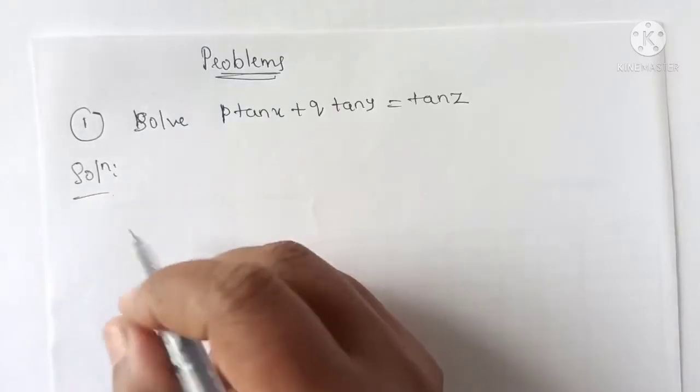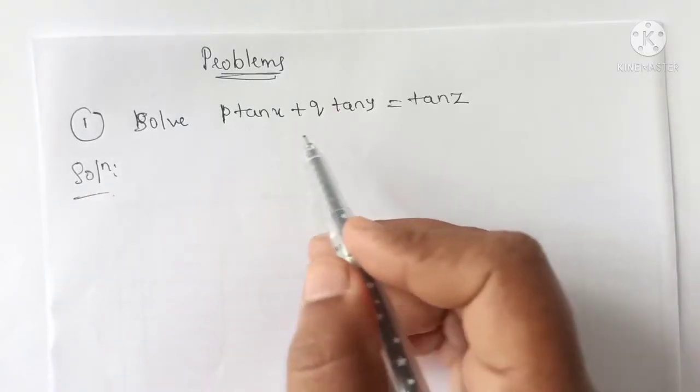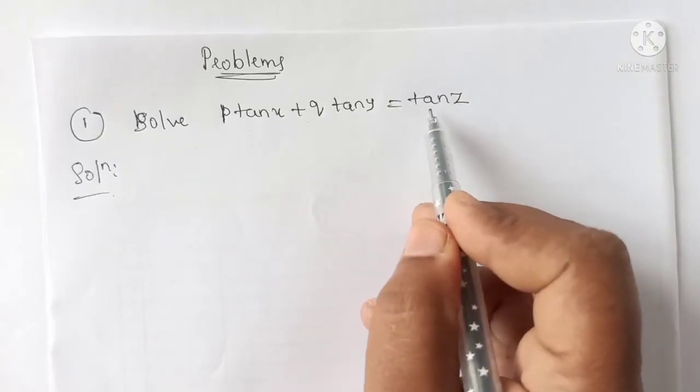The first question is: solve p tan x plus q tan y equals tan z.